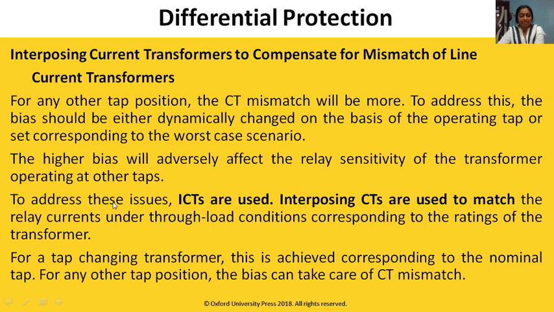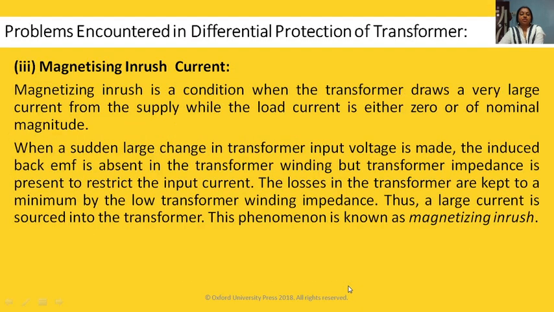To address this issue, interposing CTs are used to match the relay current under through load condition corresponding to the ratings of the transformer. For the tap changing transformer, this is achieved corresponding to the nominal tap, and for any other tap position, the bias can take care of the CT mismatch.